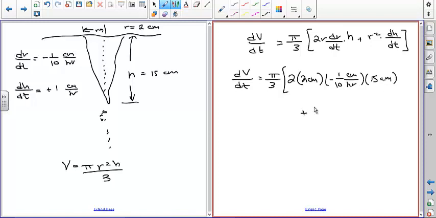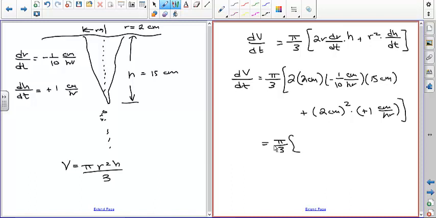The second part is the radius, which is 2 centimeters, squared, times dh dt, which is plus 1 centimeter per hour. If this whole thing is positive, then it's increasing. If this whole thing is negative, then it's decreasing. That's how you answer the first part of the problem.